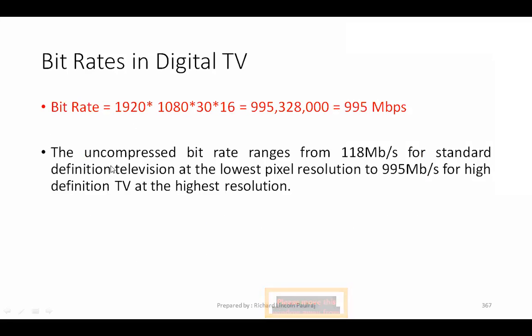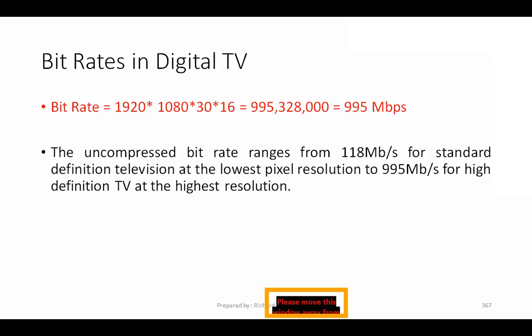So the uncompressed bit rate ranges from 118 Mbps for standard television. Now see, when you're watching a video website, you will have the option to change your P, the picture quality, which means the video quality.